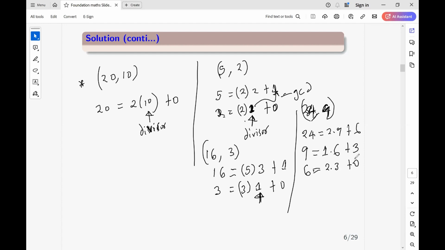And the remainder is 0. So the divisor at this point is 3, we are dividing into 6, so we're asking ourselves 3 into 6, how many times? So 3 is the divisor at this point when the remainder is 0. So 3 becomes the GCD.